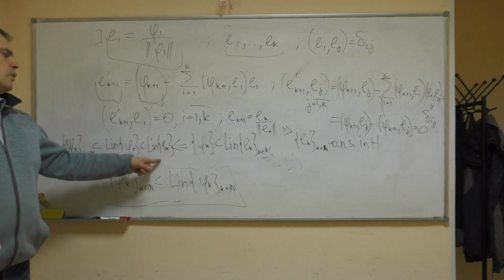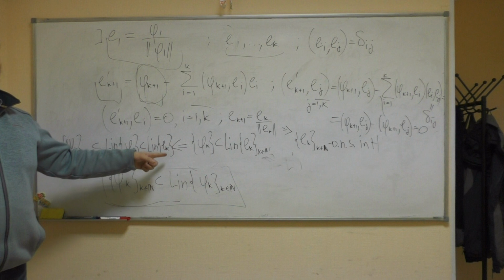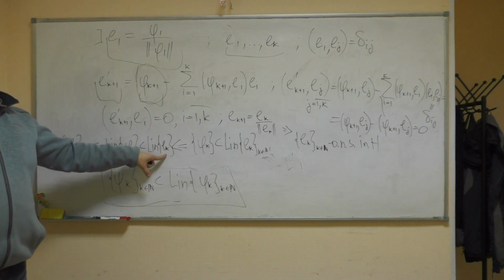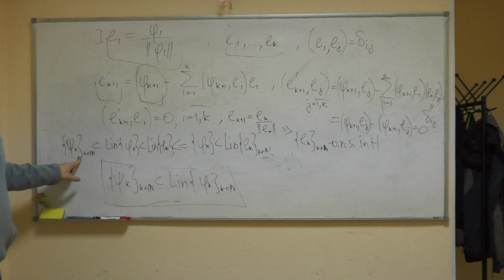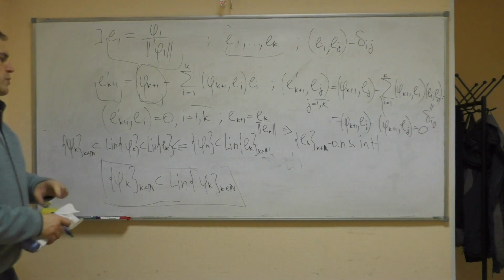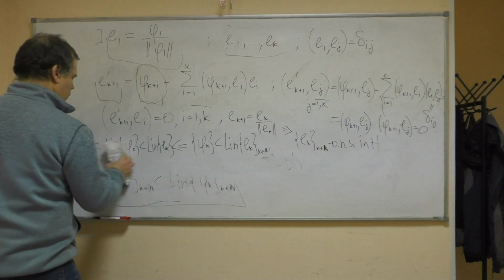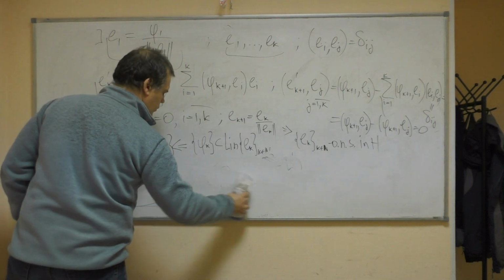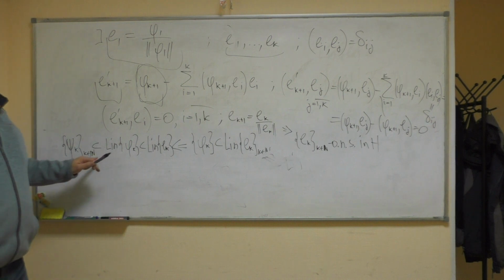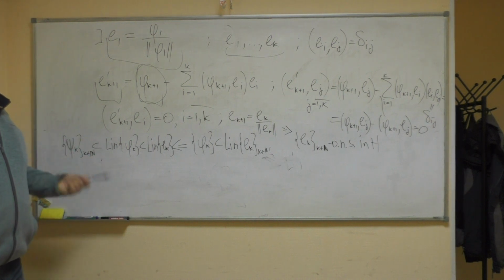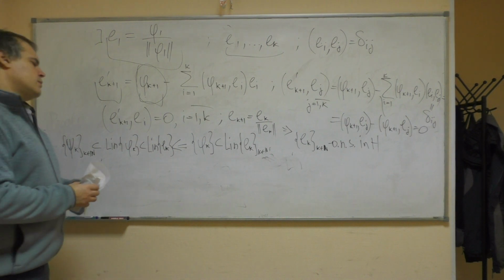So the linear envelope of E contains an everywhere dense set. So if some set contains an everywhere dense set, it is itself everywhere dense.